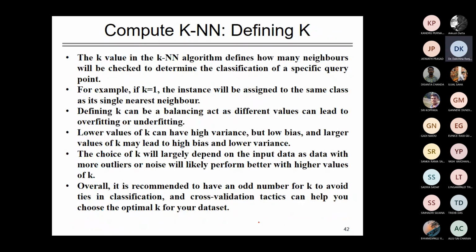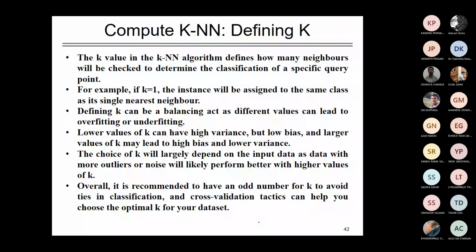Now here the k value in the k nearest neighbor algorithm defines how many neighbors will be checked to determine the classification of a specific query point. Okay, so when you get the query point, we will see how many neighbors are found in the proximity, and that will determine the classification of the query point.